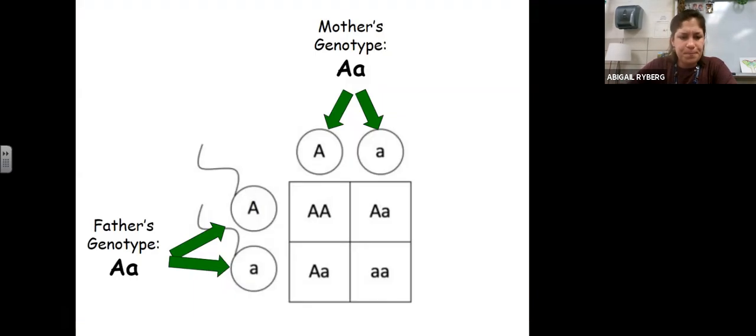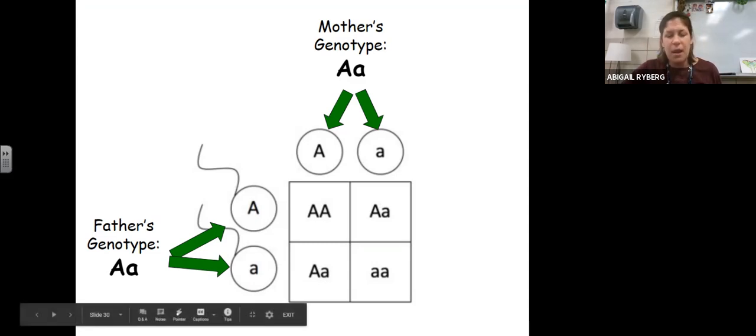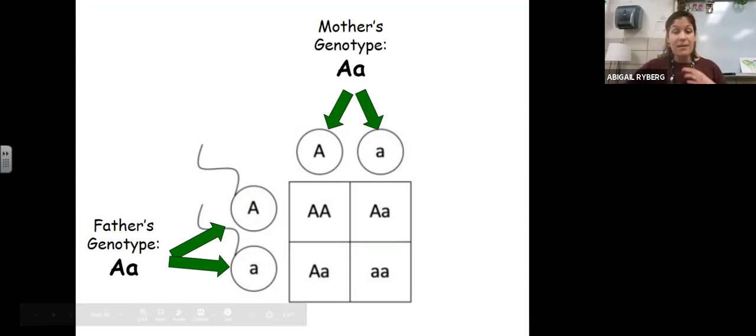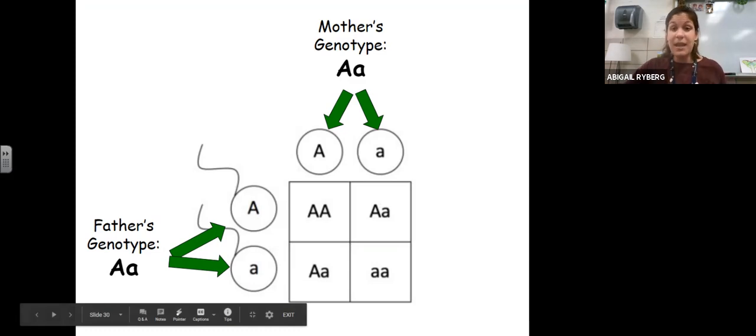This individual got a big A from dad and a little a from mom, and so on. Okay, so let's take a look here. When we're looking at Punnett squares, you guys are going to be given the parent genotypes. So in this instance, the mother's genotype is big A, little a, and the father's genotype is also big A, little a. Notice that the mother's alleles are kept together.